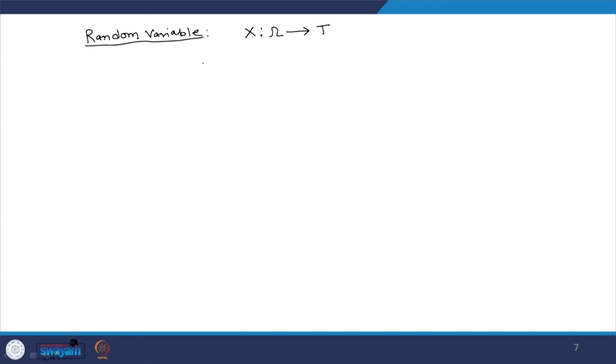So, for example, you consider the experiment of tossing two fair coins. So, my sample space is {HH, HT, TH, TT}, and now you define an event as counting the number of heads.